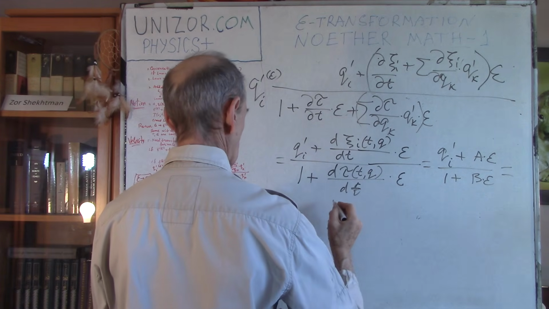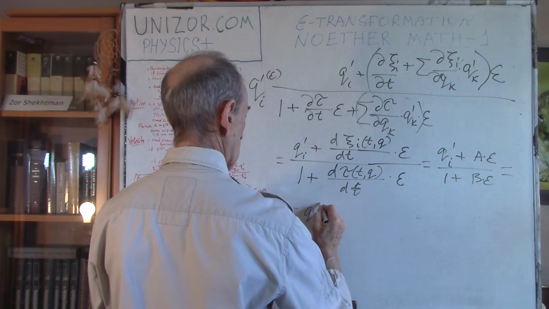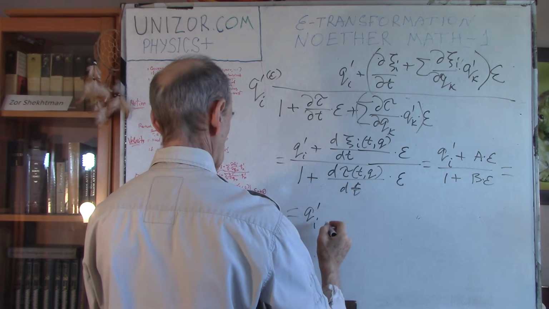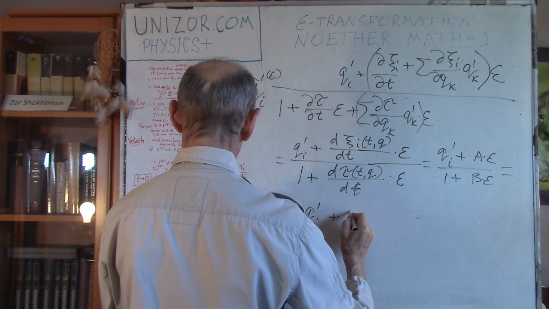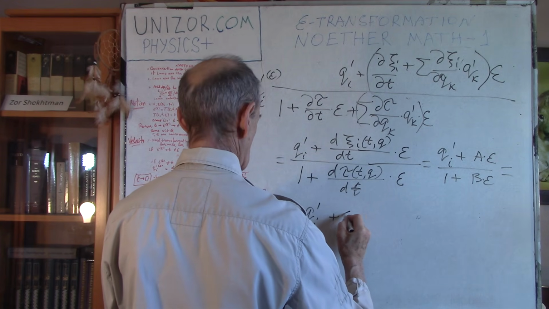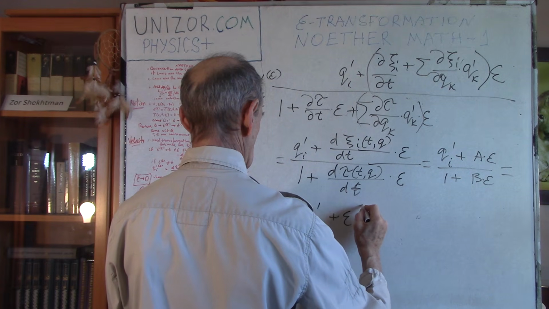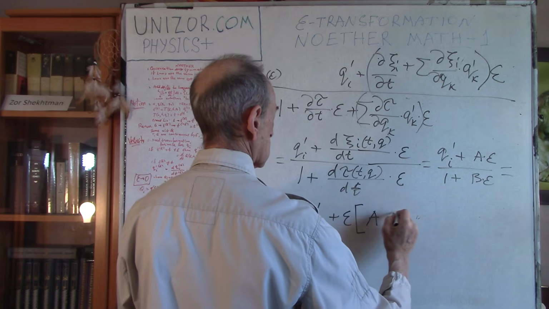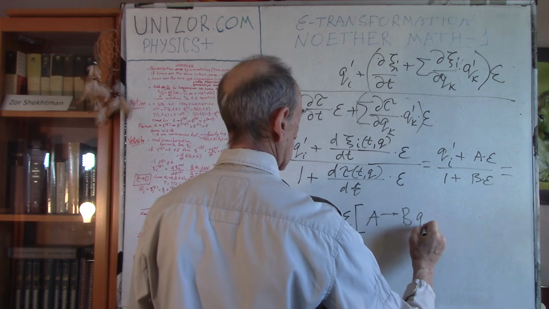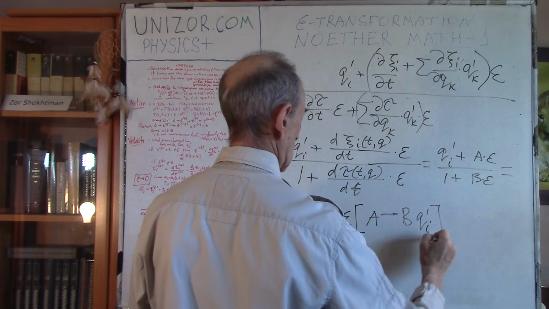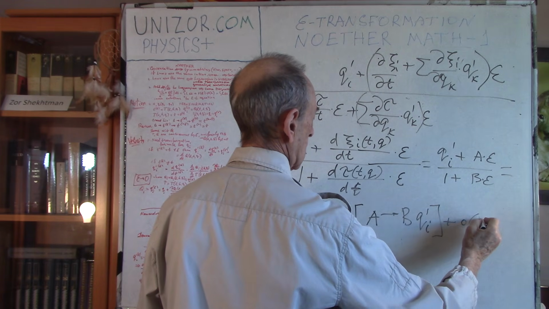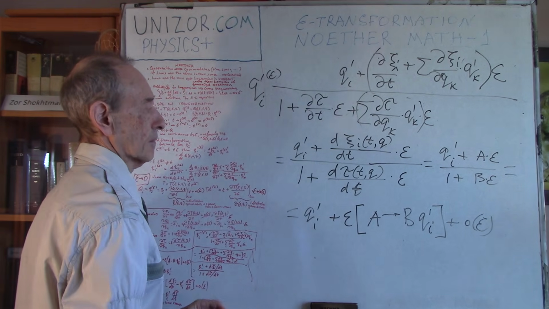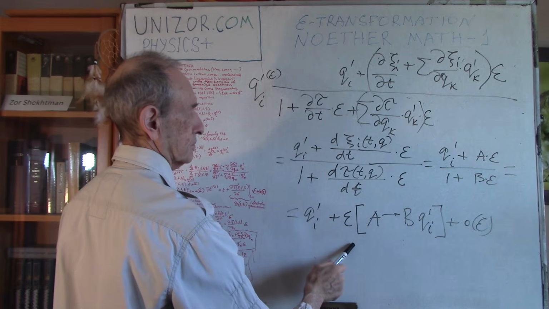It's qi velocity plus epsilon times a minus b qi prime, plus o of epsilon. So this is equal to this.